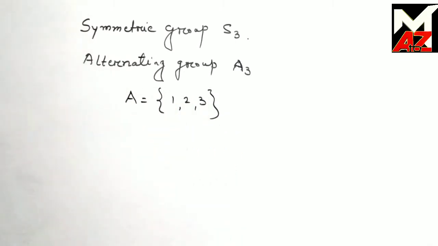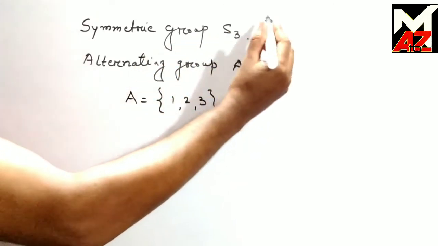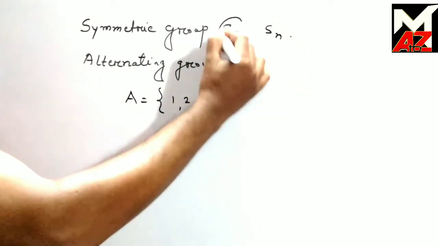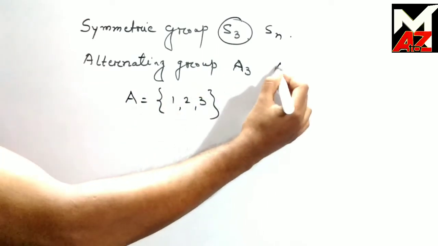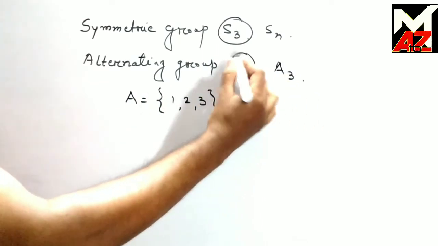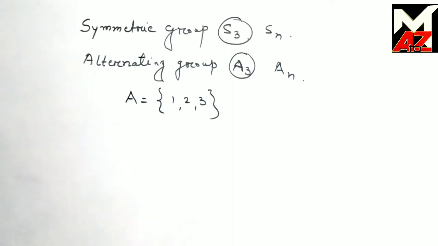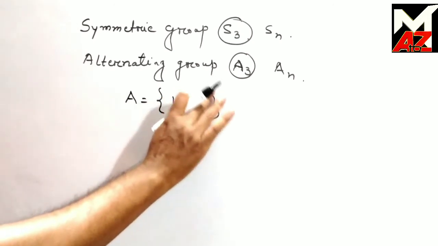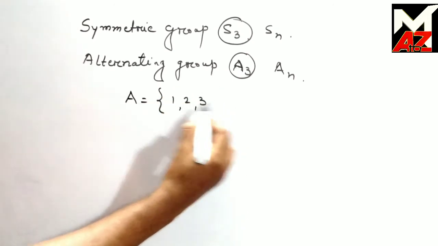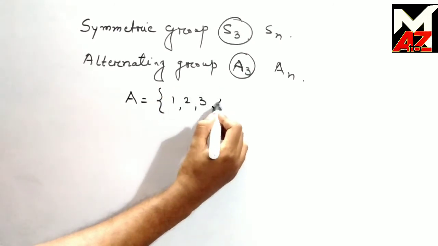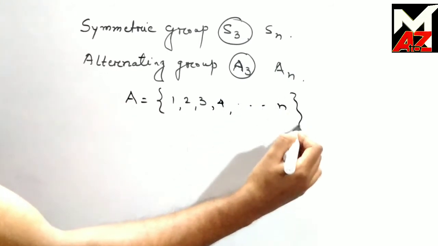Now in this class we discuss the symmetric group Sn instead of S3, and An instead of A3. So here we take the set A with n symbols 1, 2, 3, 4 to n.